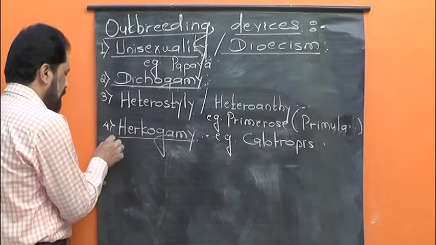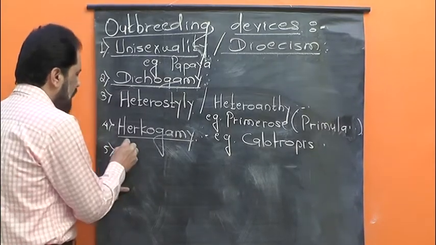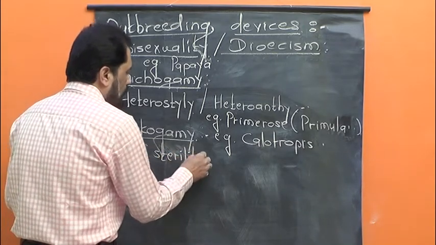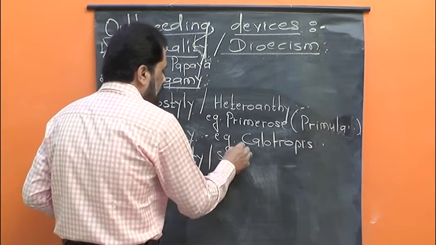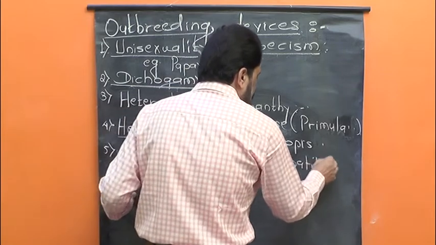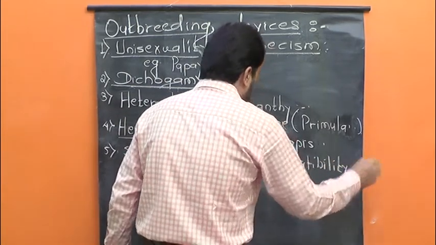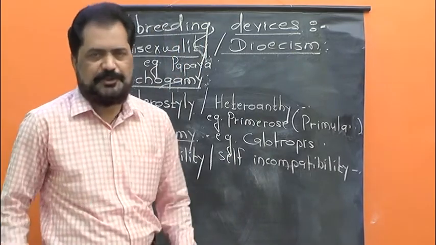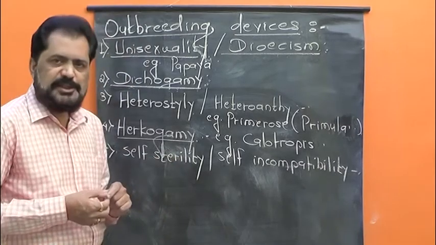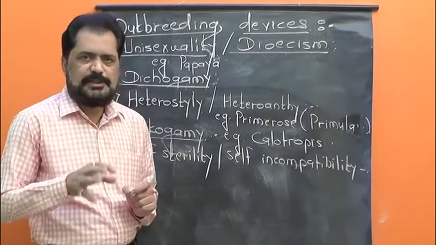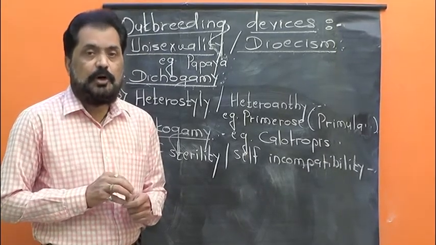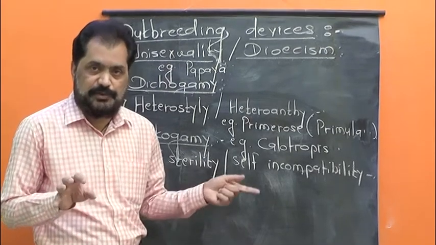Fifth contrivance. Next, self sterility, or may be called self incompatibility. Self sterility or self incompatibility, the name itself indicates. In this mechanism, the plant produces bisexual flowers. The maturation time of androecium and gynoecium is also the same.